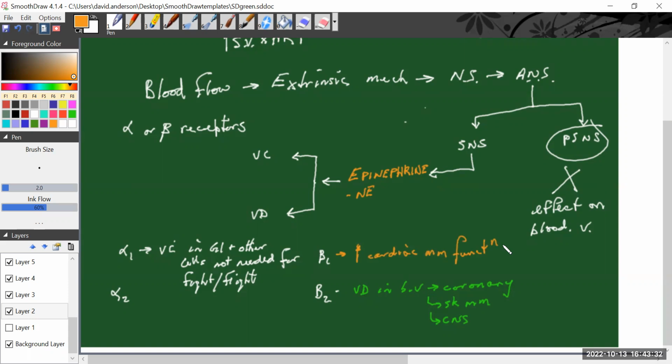That's what we're talking about there. And in alpha 2s, we get sort of a smooth muscle mix of contraction. So it's mixed. So it's not really helping us much in terms of understanding what's important for fight or flight or changes to.